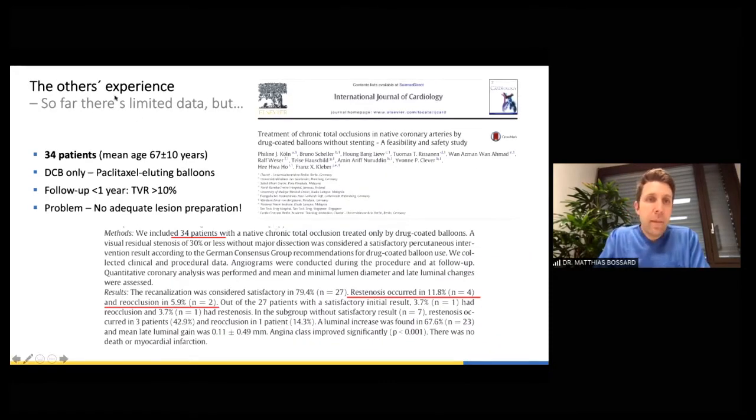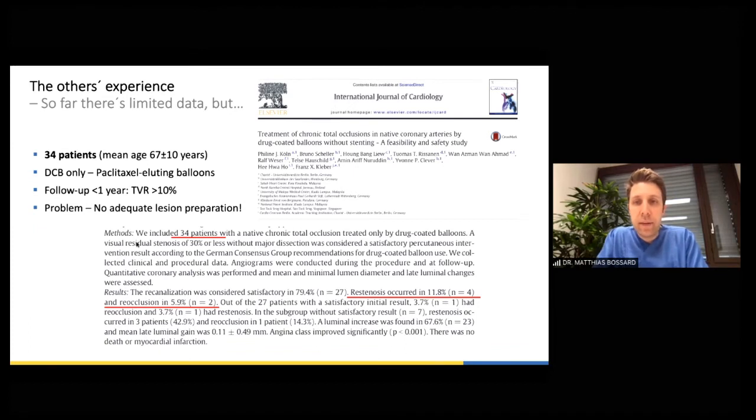This approach of using drug-coated balloons in CTO lesions hasn't just been done by our site, but by other sites. There have been quite a few publications. Most of them are smaller studies, single-arm studies, registry data, or even retrospective data. That's a publication in the International Journal of Cardiology by a German group, who analyzed 34 patients treated with paclitaxel-eluting balloons.